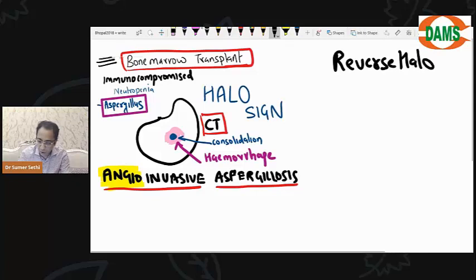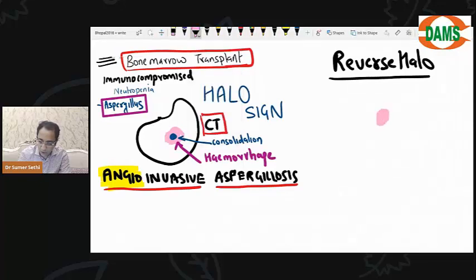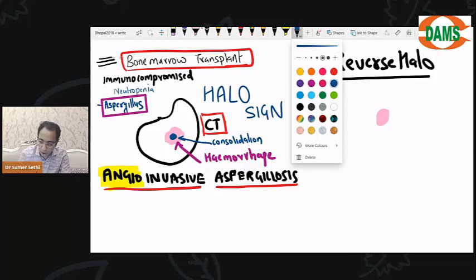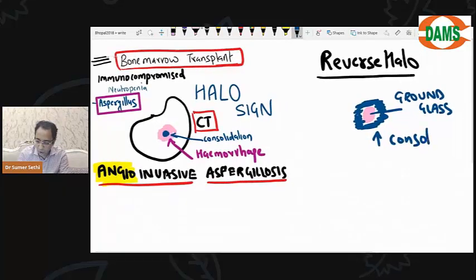Okay, that is different. Very important to understand, if we have a central halo and peripheral consolidation, so in the center we have ground glass haze, ground glass opacity, and in the periphery we have consolidation, that is called a reversed halo, also known as the atoll sign.